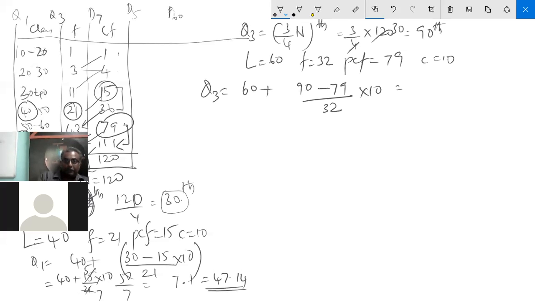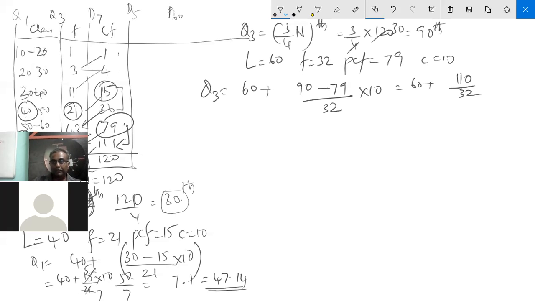That is equal to 60 plus, 90 minus 79 is how much? 11. So 11 into 10 is 110. Okay, 110 by 32.